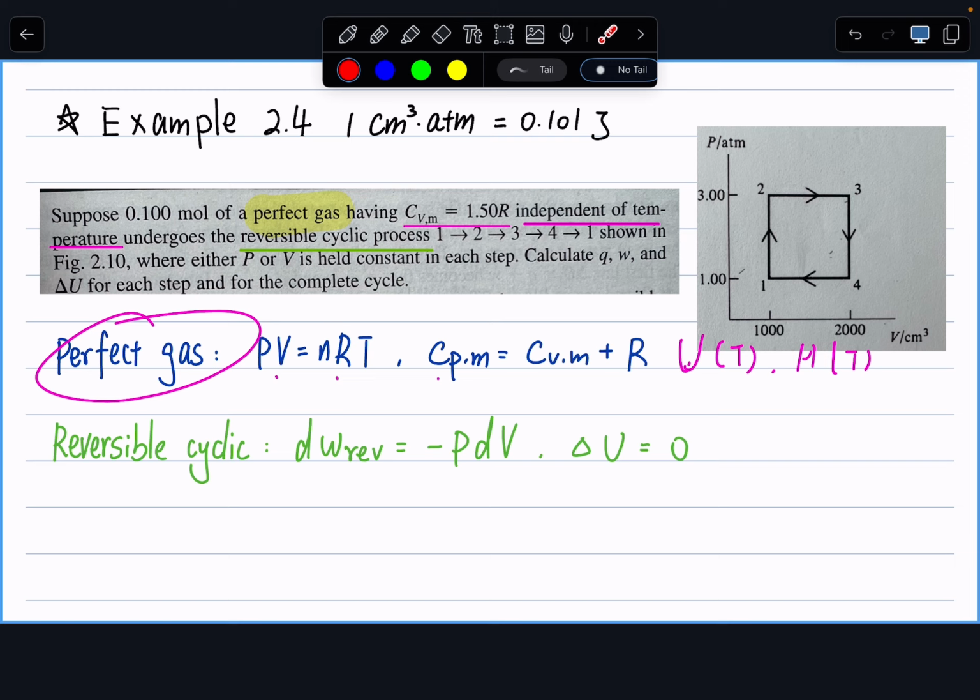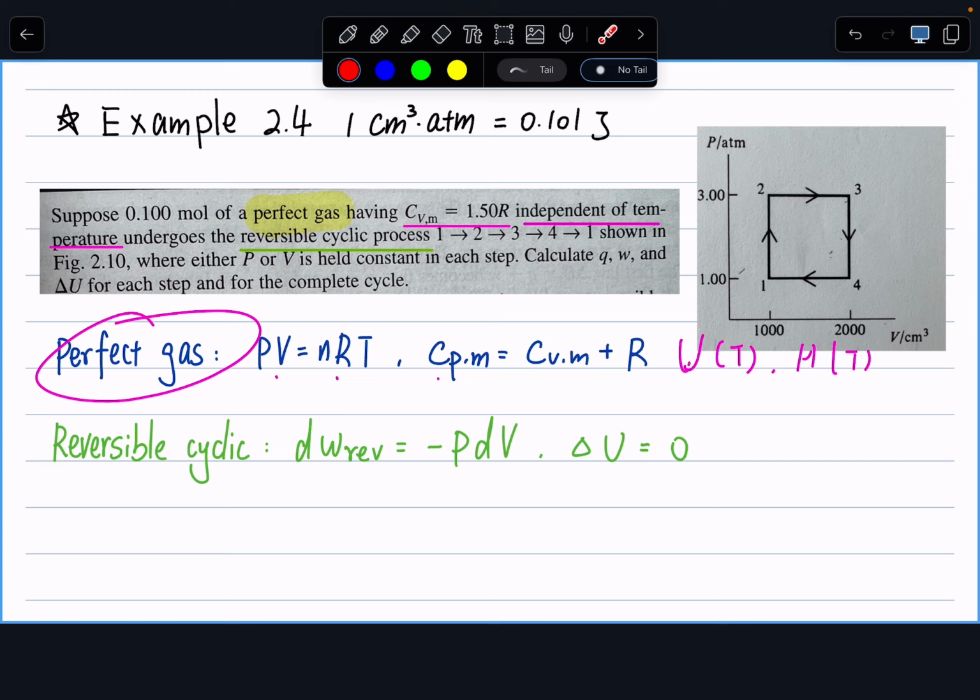And also, because it is cyclic, my delta U of the entire cycle must add up to be 0. These are the things I will write up when reading the problem alongside. And then we're ready to set up the question.